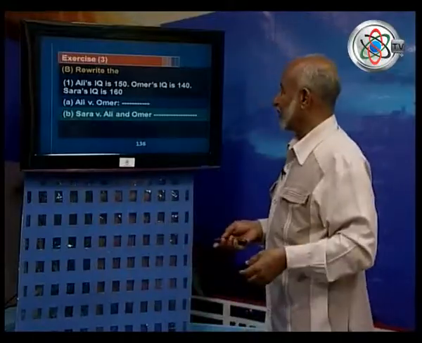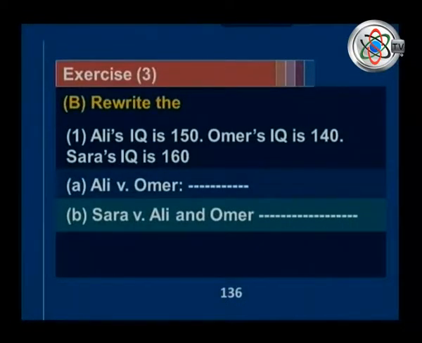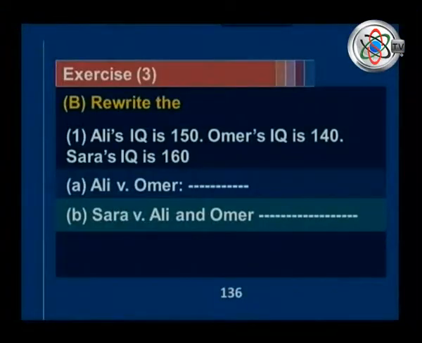That's a rate of cleverness, how you measure cleverness. Ali versus Umar, Sarah versus Ali and Umar. We say Ali's IQ is 150, Umar's is 140, and Ali versus Umar is more intelligent. Sarah versus Ali and Umar is the most intelligent.